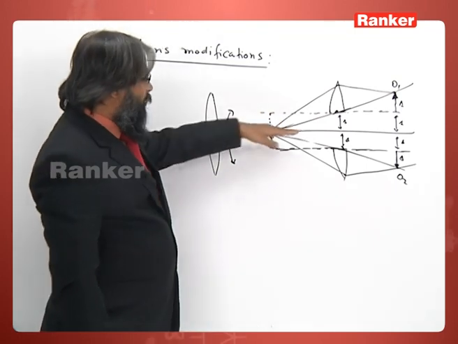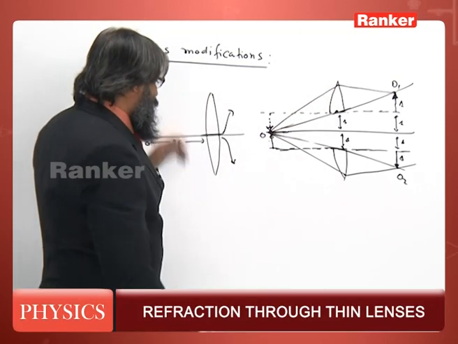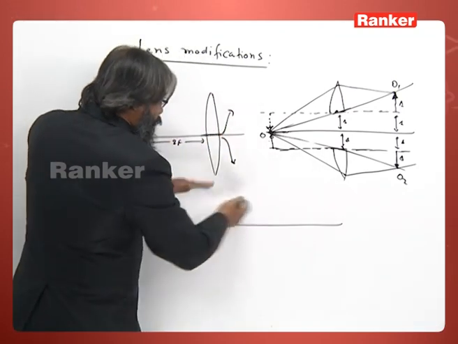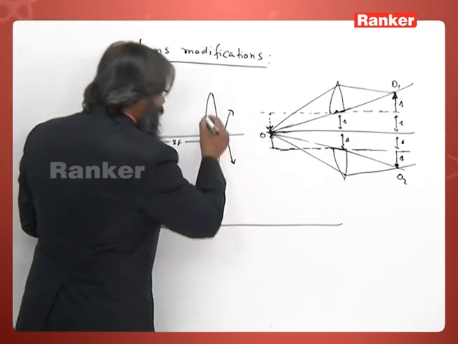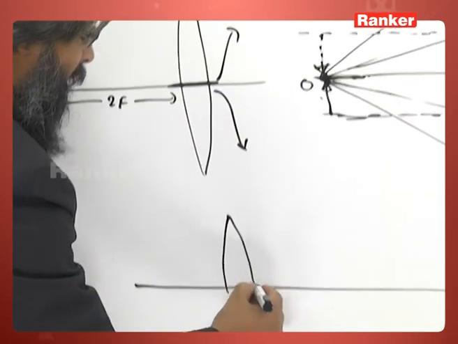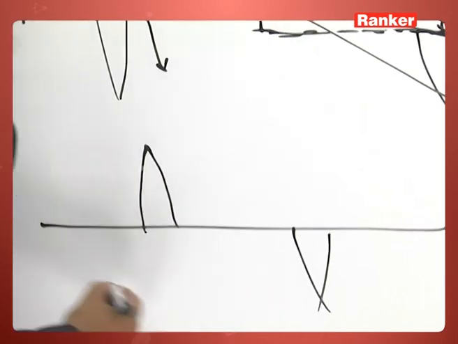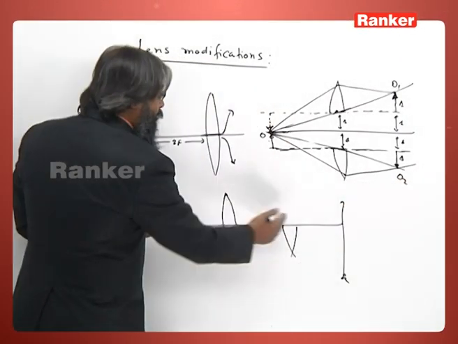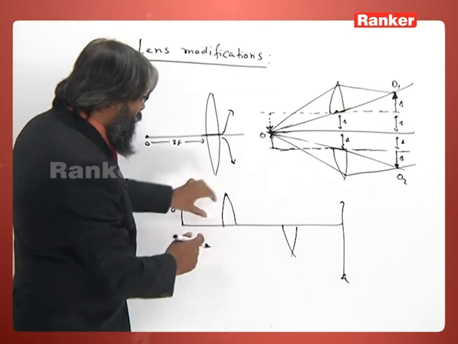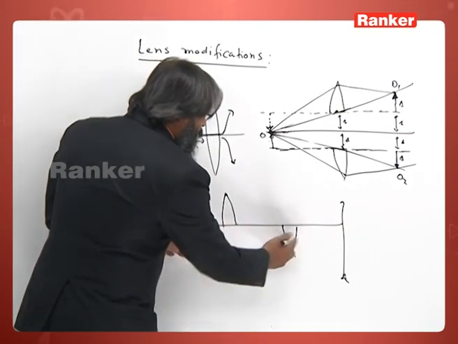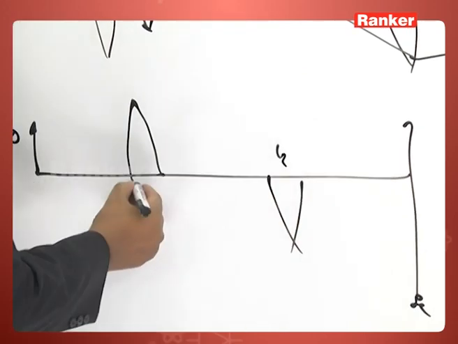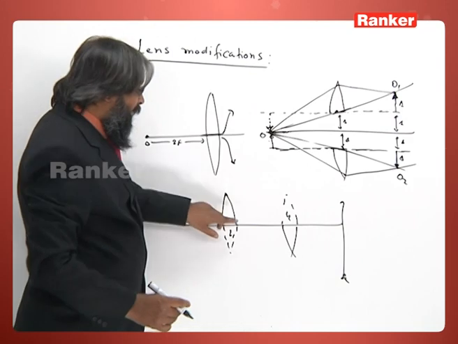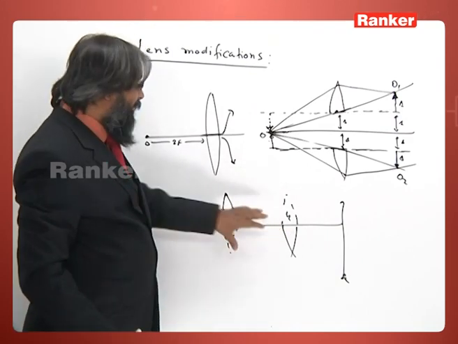So you see, in the previous discussion, we cut the lens into 2 portions and displaced it. It was plano-convex. Now here, for an object position on the screen, we got 2 images. The same lens, when cut and displaced, behaves as if there are 2 complete lenses.